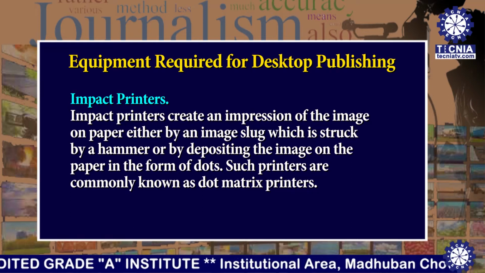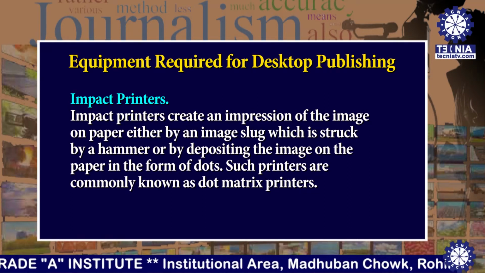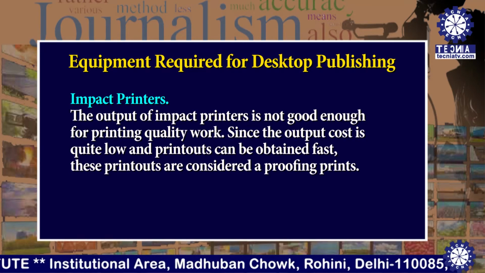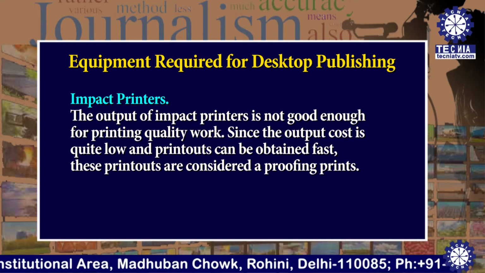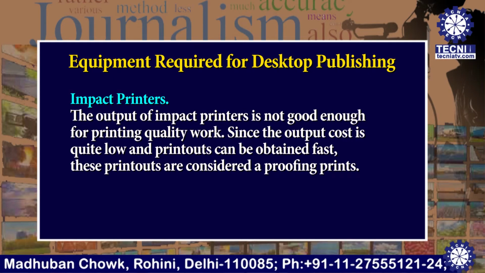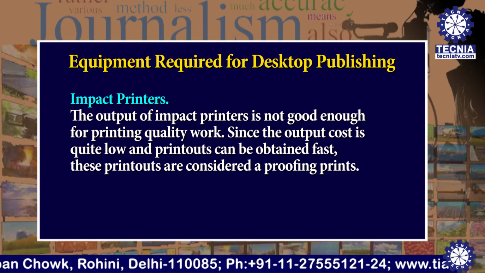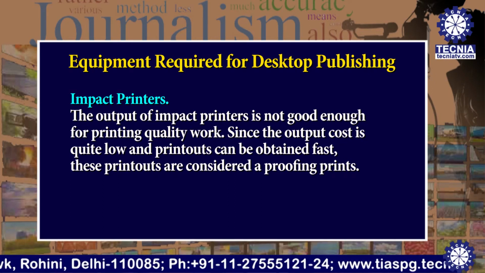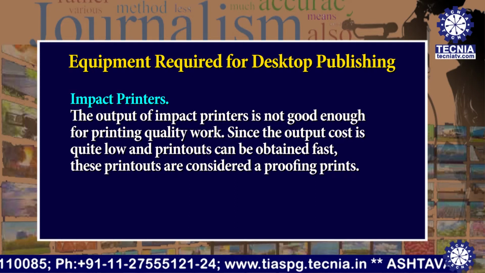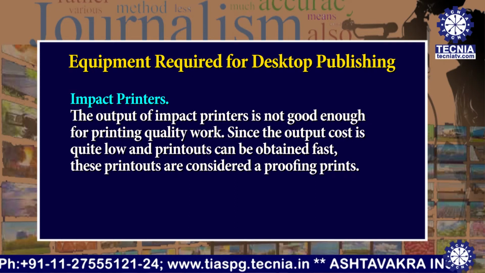Such printers are commonly known as dot matrix printers. The output of impact printers is not good enough for printing quality work. Since the output cost is quite low and printouts can be obtained fast, these printouts are considered as proofing prints.